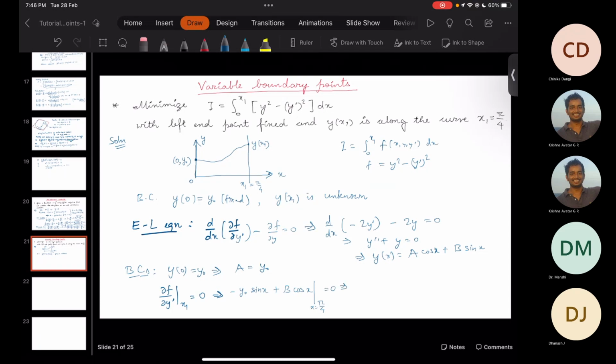So this gives us minus y0 by root 2 plus B by root 2 is equal to 0, so B is equal to y0. Therefore the solution is y of x is equal to y0 into cosine x plus sine x.